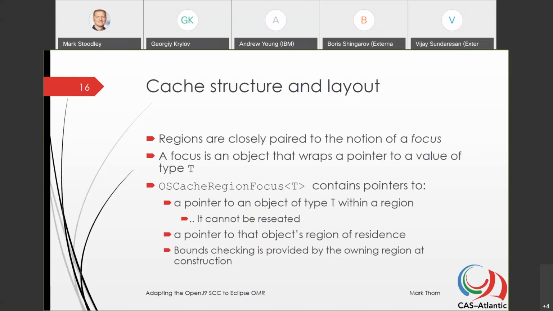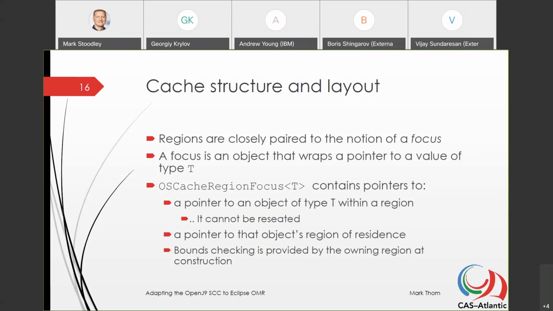Very often that involves dealing with one or a handful of words within the header. So an OS Cache region focus is essentially just a pointer around an object of type T, because it's a template class, which by default cannot be reseated. As well, it contains a pointer to the object's region of residence. Perhaps I should say field. I don't think object is really totally appropriate there.